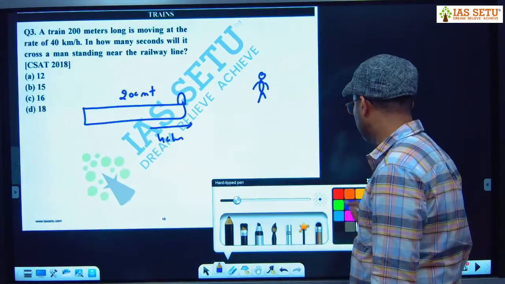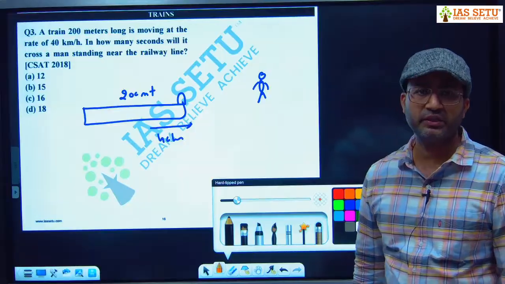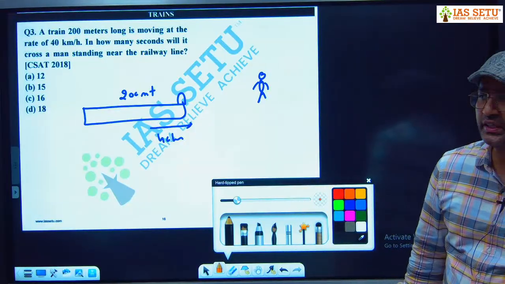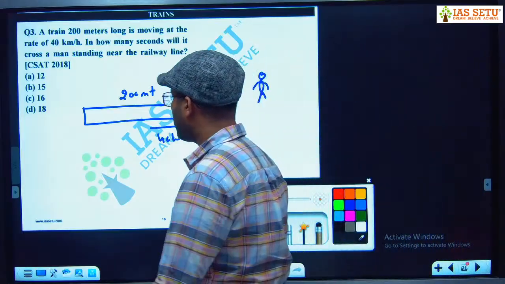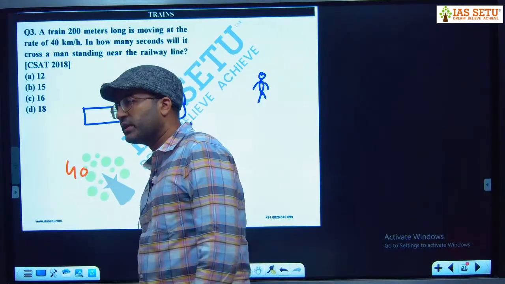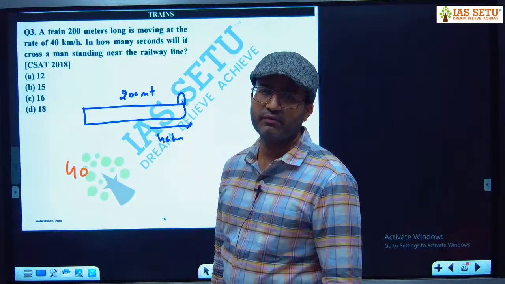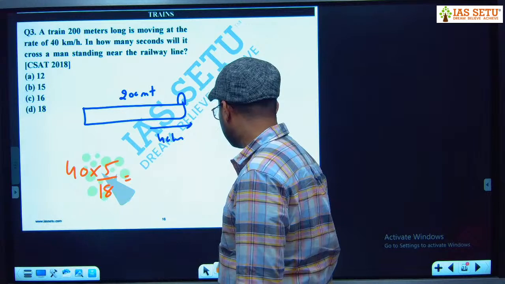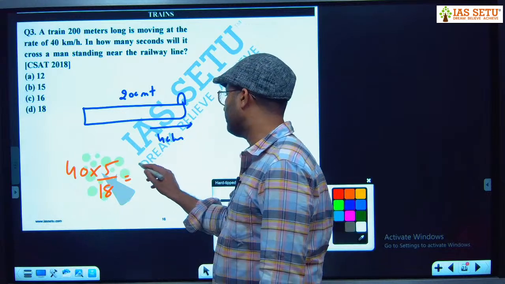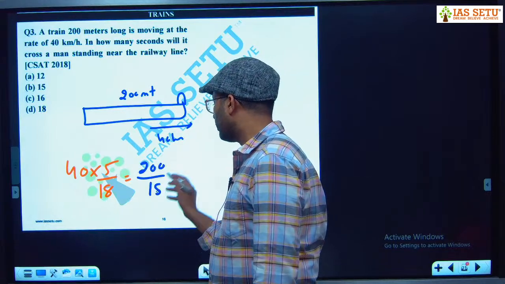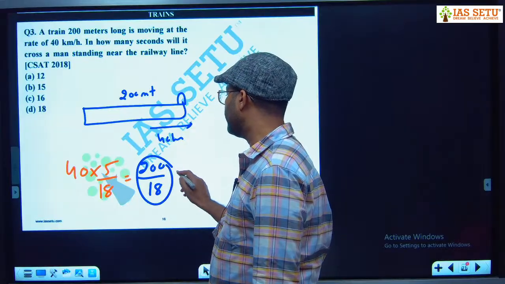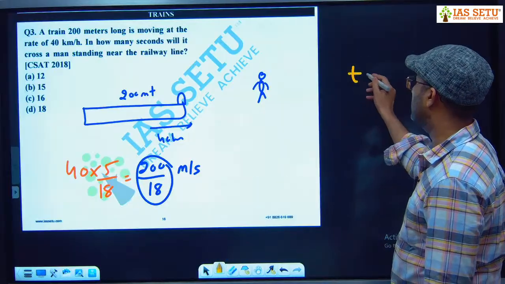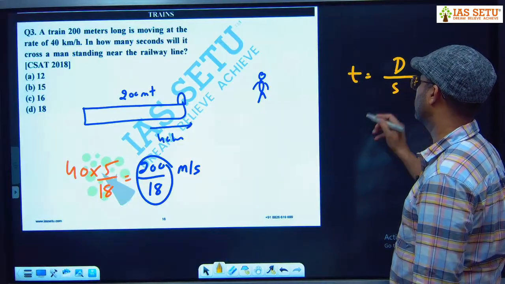प्रॉब्लम क्या है? Unit of the speed is given in kilometer per hour and length given in meter. तो you have to convert speed in meter per second. If you have to convert kilometer per hour into meter per second, हमारे पास कौन सा फैक्टर है? 5/18। तो here it will be 200/18. Don't simplify, क्योंकि अभी काटोगे फिर मल्टीप्लाई करोगे, इसको 200/18 मीटर पर सेकेंड ही लो। What is time? Time is equal to distance upon speed.